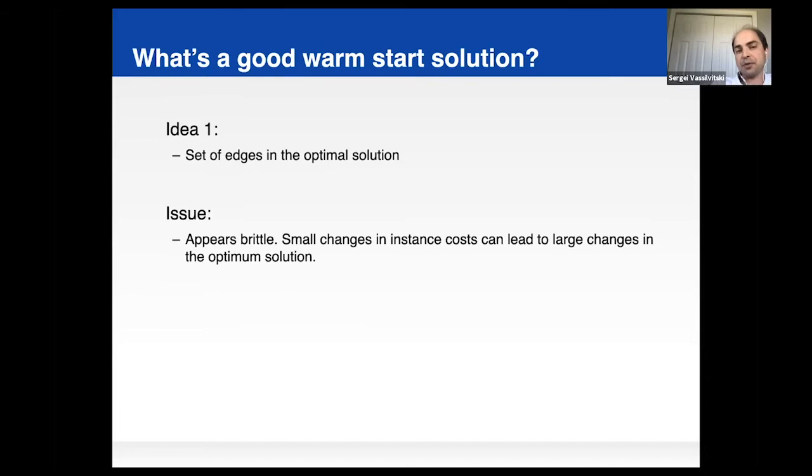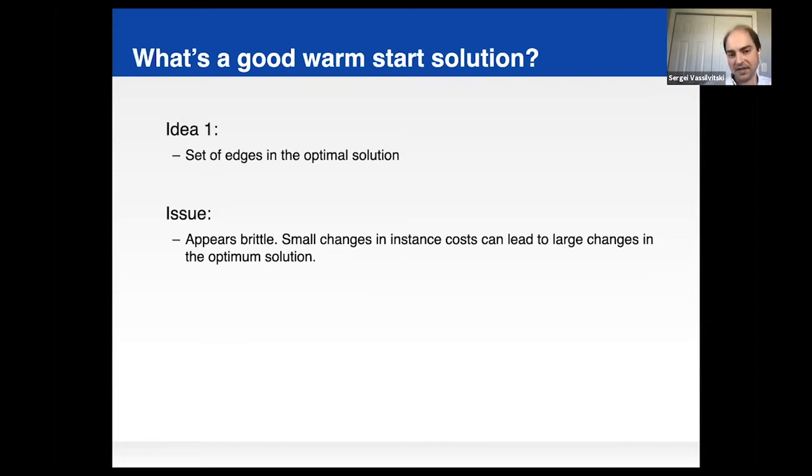So the first thing that you might want to do is use the set of edges in the optimal solution, let's say from yesterday, or from some combination of optimal solutions over the past week, as my warm start solution. I'm going to say, here's a particular submatching, and let's start with this submatching when we go forward.